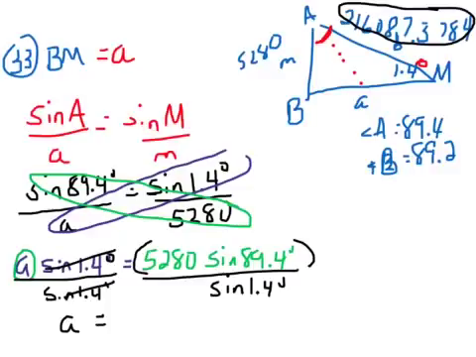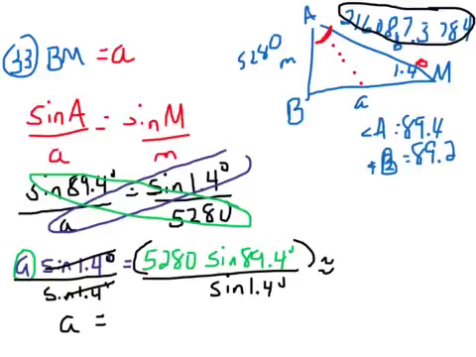Type in parentheses 5,280, and then I can just hit sine 89.4 in the TI. It knows that I'm multiplying. And then I can close my parentheses and hit divide by sine 1.4. You can close your parentheses, you don't have to here. You can go ahead and hit enter.